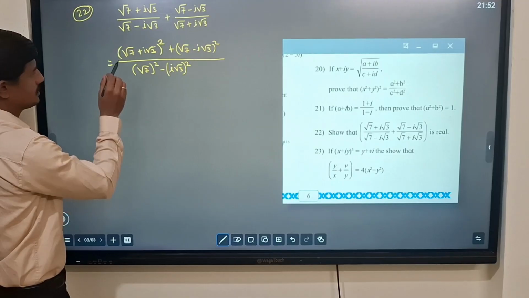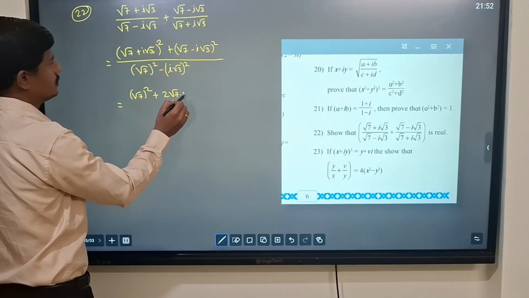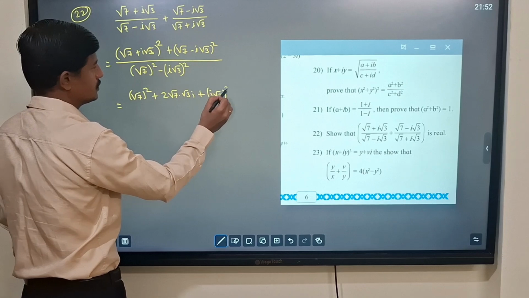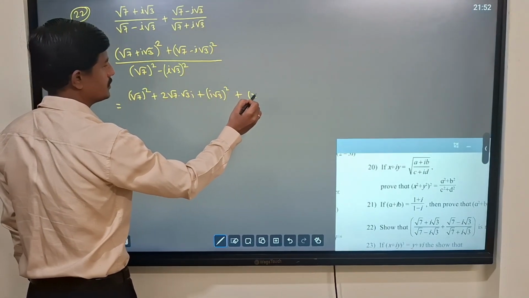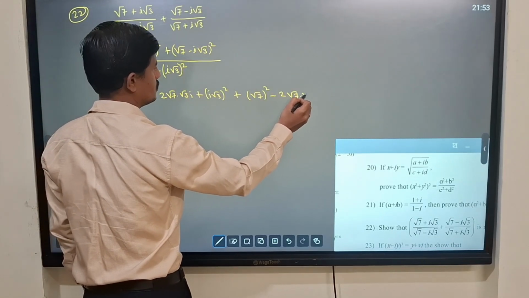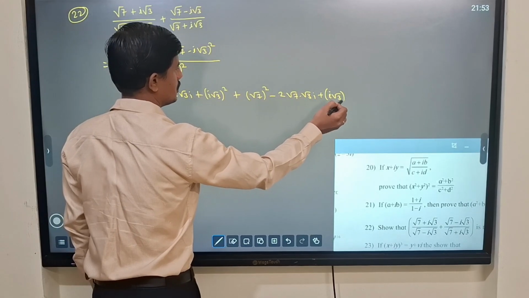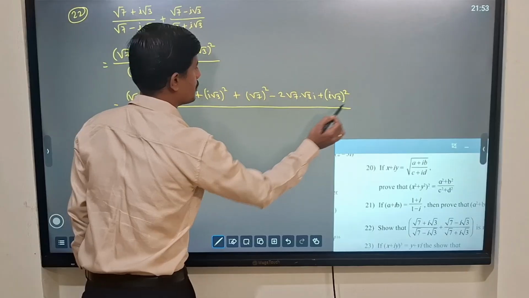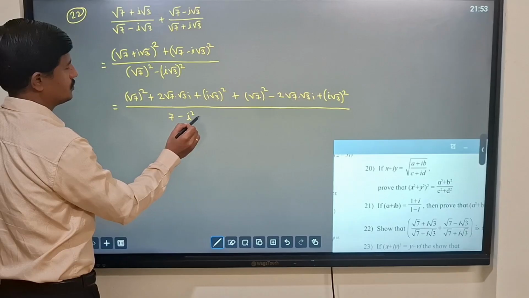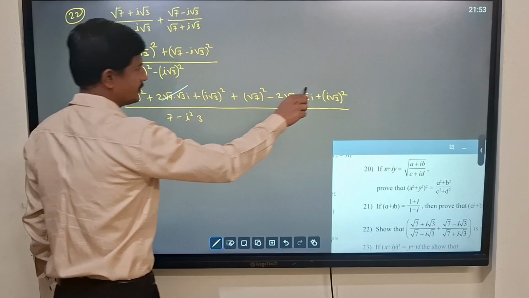On expansion, this term becomes root 7 square plus 2 times root 7 into root 3 i plus i root 3 square, plus root 7 square minus 2 root 7 into root 3 into i plus i into root 3 whole square, whole divided by square of root 7, which is 7, minus i square into 3. Okay, so this term gets cancelled with this term.